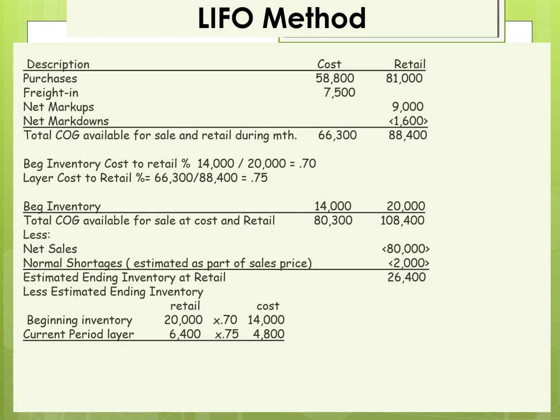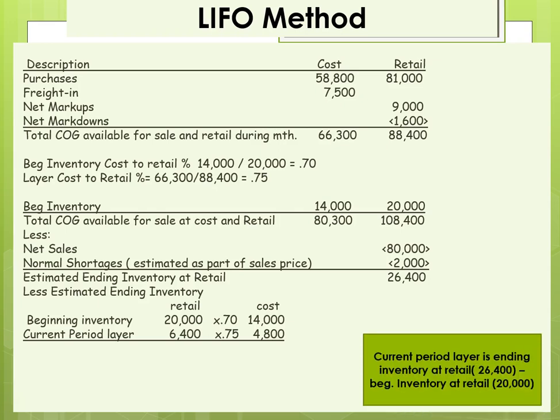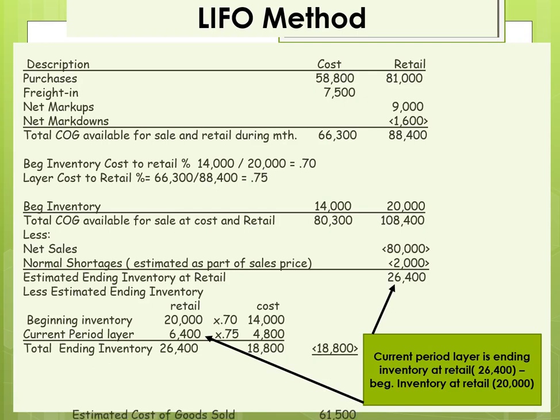And then the current layer is going to be the 26,400 minus the beginning inventory at retail of 20,000, which gives you 6,400, and we're going to take it times our 75%. That's going to give us our estimated ending inventory at cost, and that gives us our estimated cost of goods sold. So that's how that one would work.